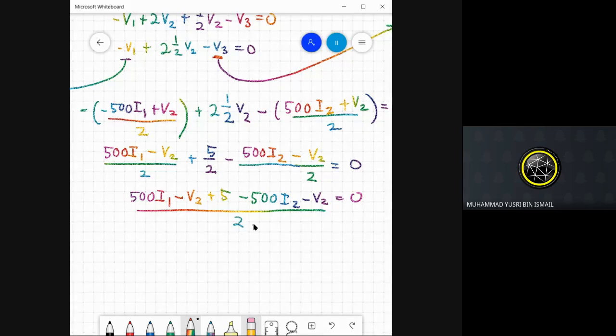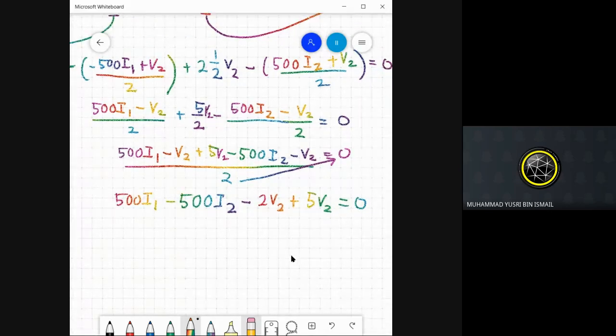Okay, bring 2 to the right hand side. So you will have 500 I1 minus 500 I2 minus 2V2 plus 5V2 equal to 0.